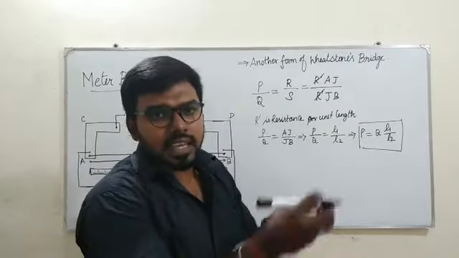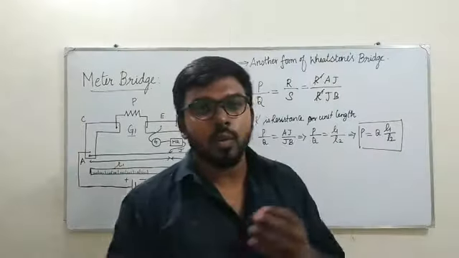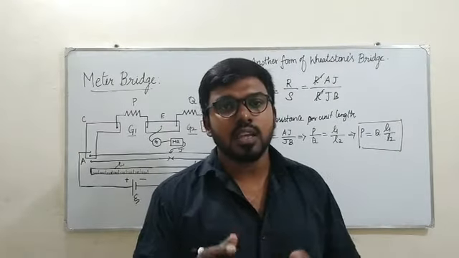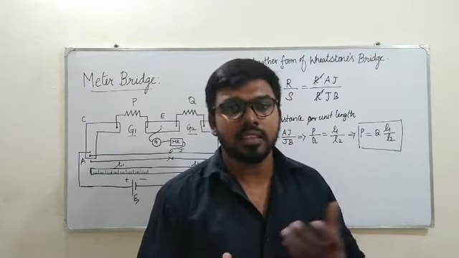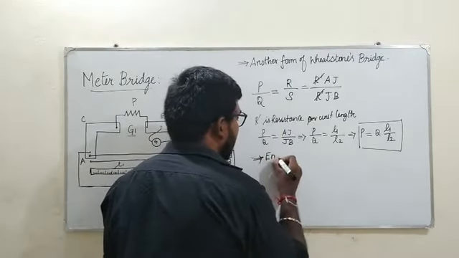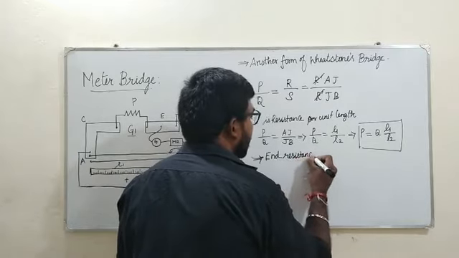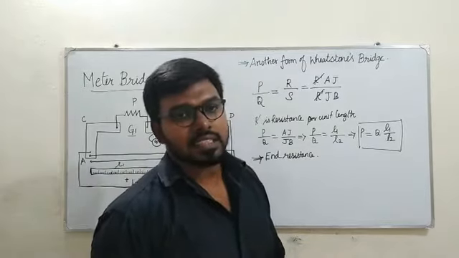But at the edges, at this edge and this edge, normally the wire will be soldered, so that it introduces some resistance, and we will be calling that the end resistance.